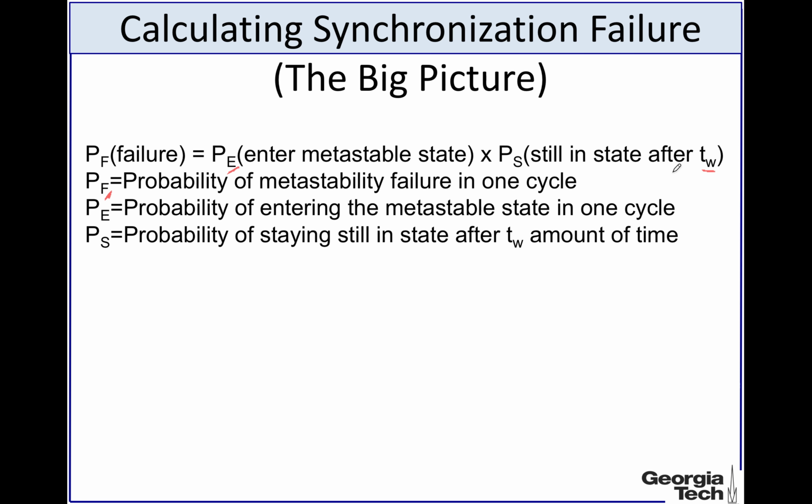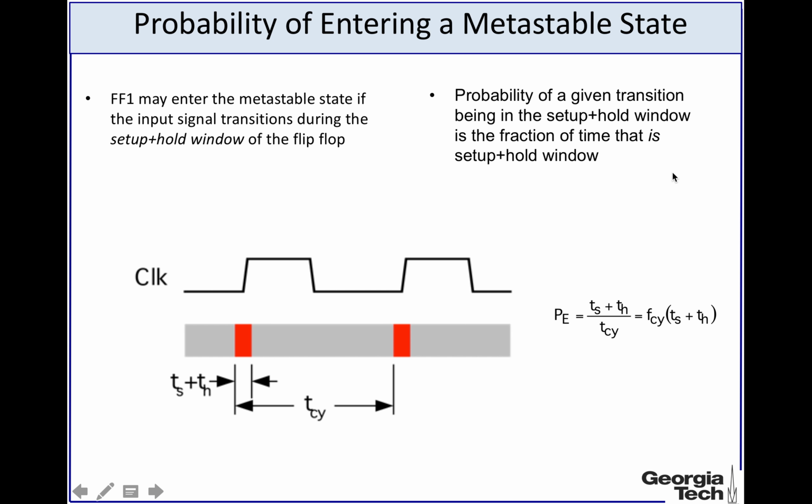Alright, so let's look at the individual components. First of all, how does a flip-flop enter into a metastable state? It enters into a metastable state if the input changes during a time window equal to the hold time plus the setup time of the flip-flop.